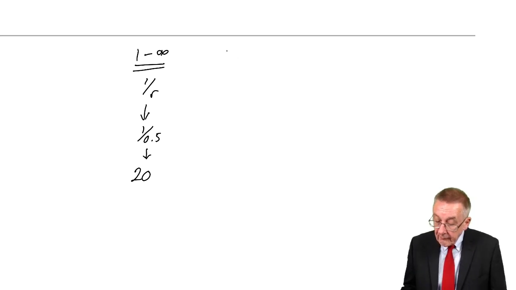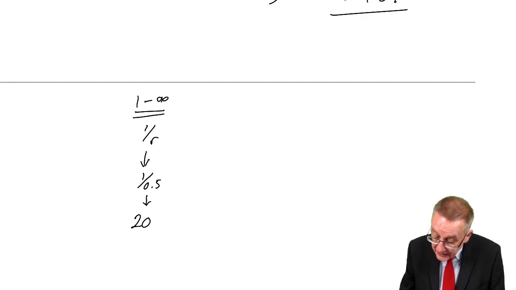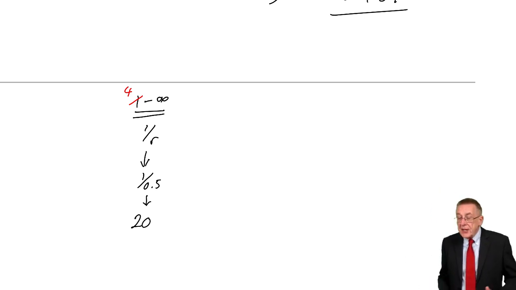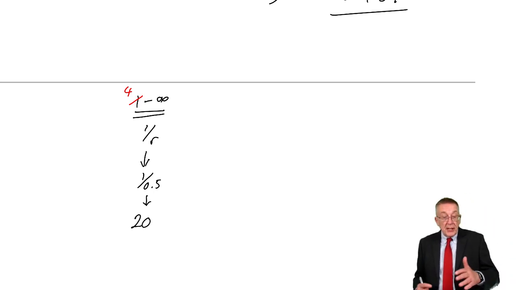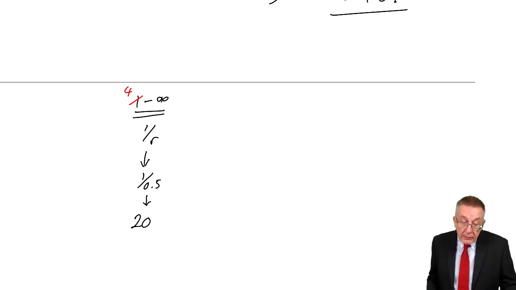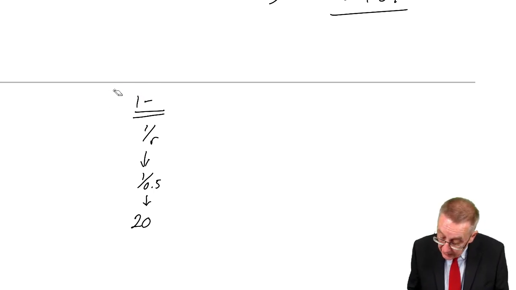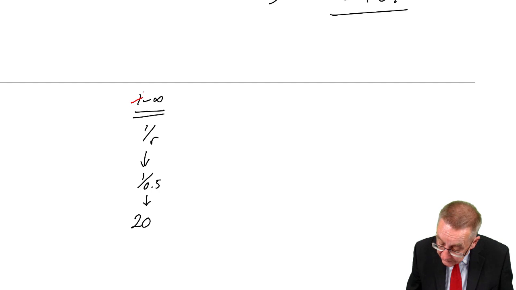However, ours isn't 1 to infinity. I beg your pardon. Had it been 1 to infinity, multiply by 1 over r, but this one is not 1 to infinity, it's 5 to infinity.